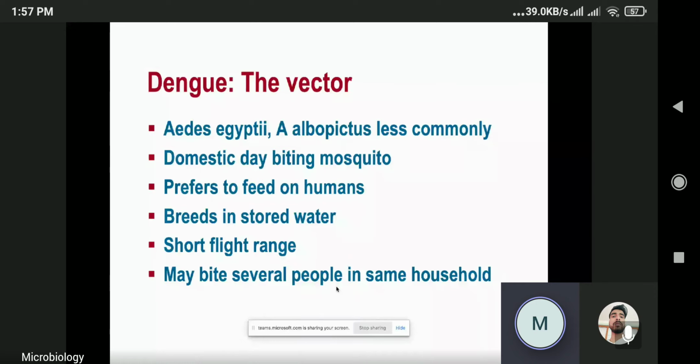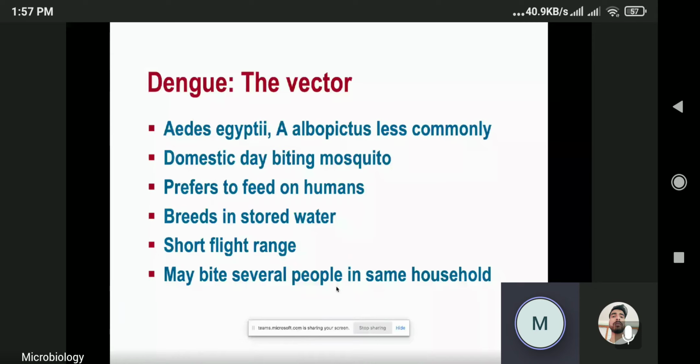Okay, and this mosquito prefers to feed on humans, and it breeds in stagnant water or stored water, and has a very short flight range. They cannot fly long range, and they may bite several people in the same household.